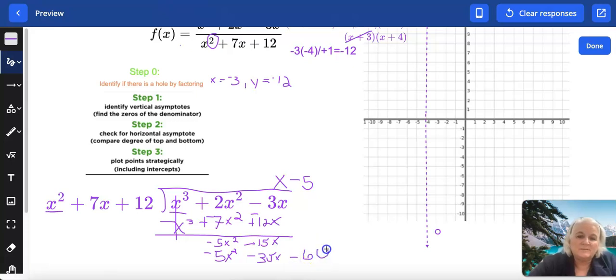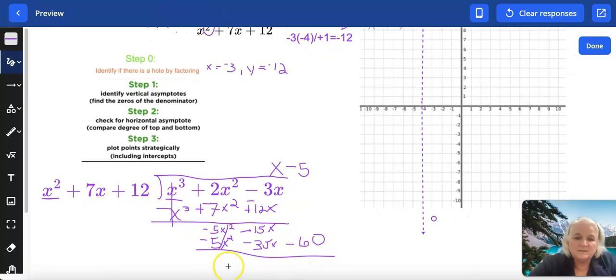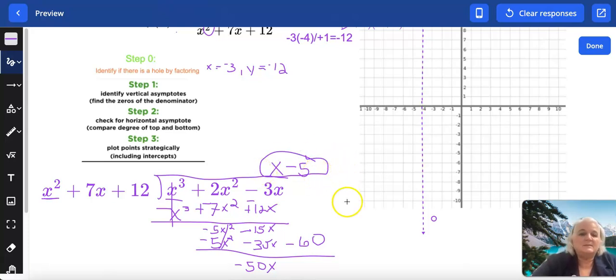And then when I subtract, this is 0. This becomes a negative 50x. And I cannot go any further. This is going to have to be a remainder, because if I take my first term and ask what times x squared gives me a negative 50x, well, that's got to be a fraction, and I don't want a fraction in there. I would have that as the remainder. So my answer for my slant asymptote is that it is y equals x minus 5.